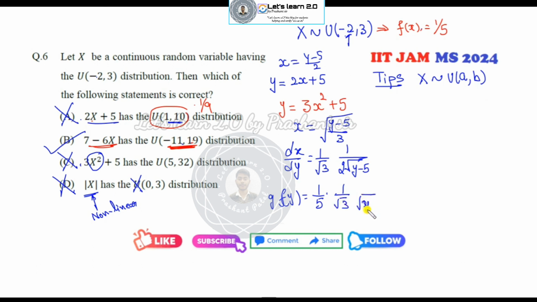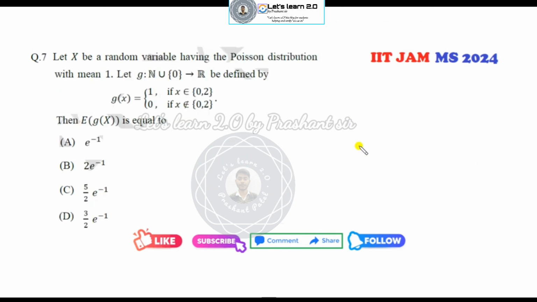So clearly you can see this involvement of y. So that means it is not uniform distribution. Again, mode of x is x square. Fine. So again you can see it's non-linear, so it will never follow the uniform distribution. So I told you two different methods. First one is straightforward. Second one if you want to do the calculation.